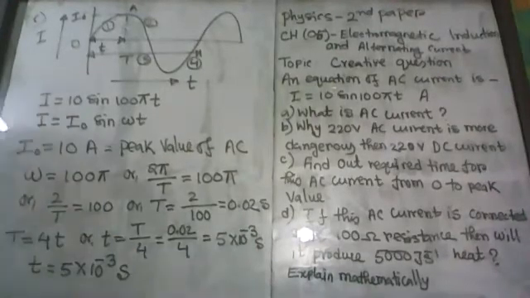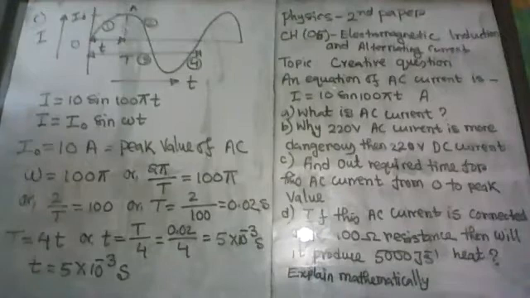After this particular time, this AC current will reach its peak value from 0. What does it mean? It means the 10 ampere current from 0 will take 5 into 10 to the power minus 3 second. I repeat, boys and girls, after this particular time it will reach from 0 to peak value.